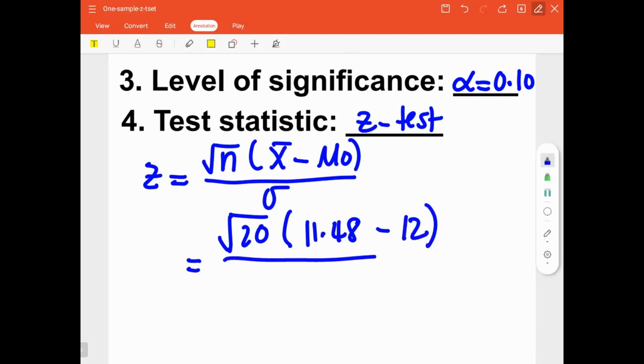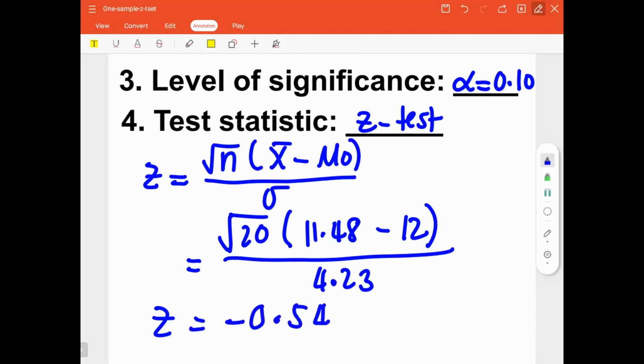And sigma, the given standard deviation, is 4.23. So if you compute for this, after simplifying, you'll get this value of negative 0.5498.